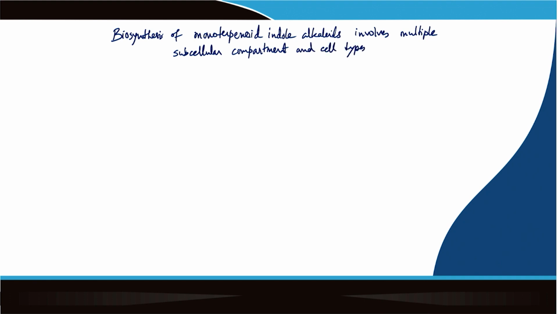This is more or less the continuation of the previous class, that is class number 29. Okay. So, let us quickly draw a schematic diagram of a plant cell.